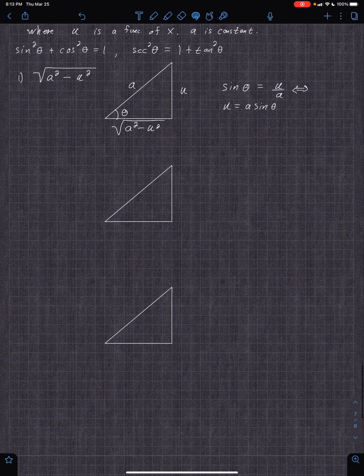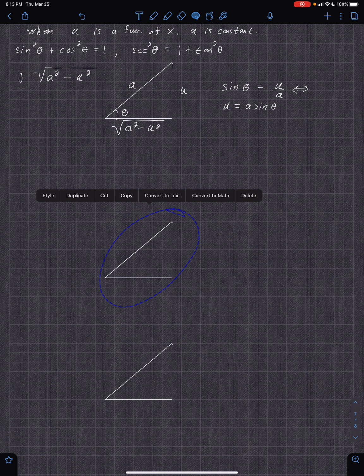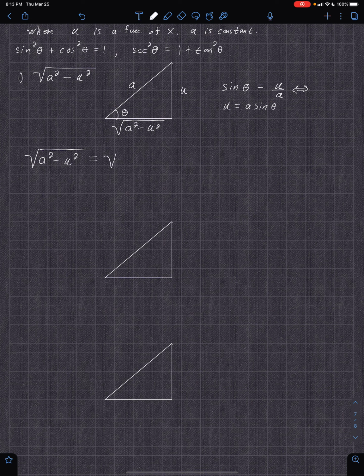And then we will do this manipulation of the radical. So this is kind of all ahead of time of what you'll be able to do. So then I end up looking at the square root of a squared minus u squared equal to the square root of a squared minus a squared sine squared theta.